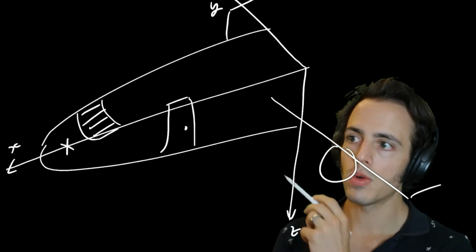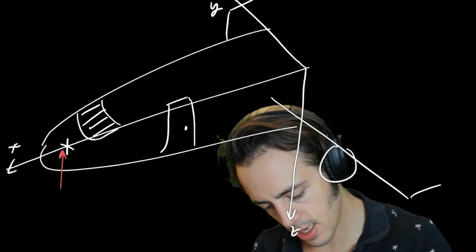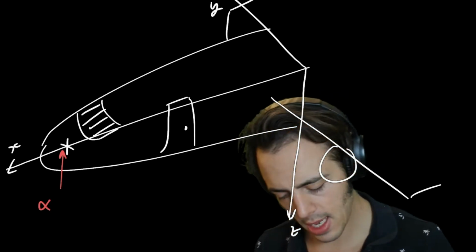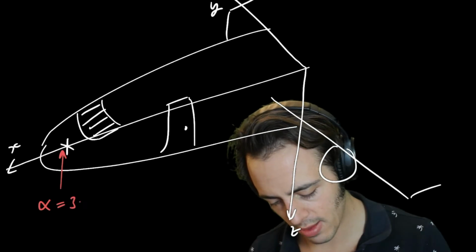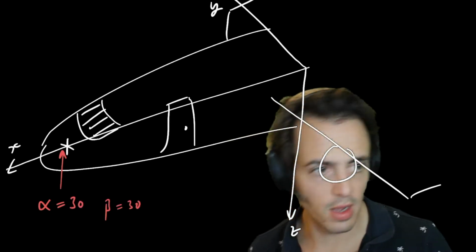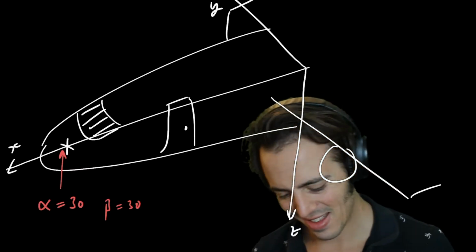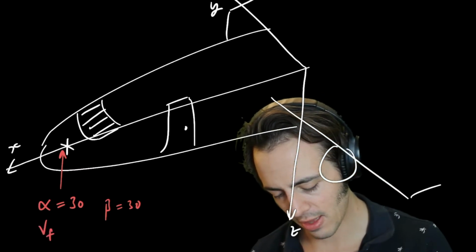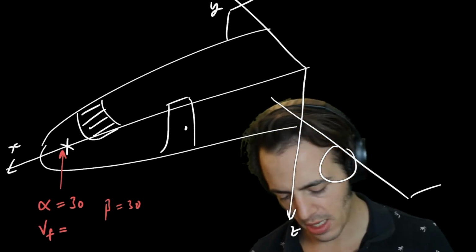Let's say that what this is measuring is it's reporting angle of attack, and let's say the angle of attack is 30 degrees, side slip is 30 degrees, and I'm taking these numbers out of a question here, let's say that the total velocity that it's reporting is 50 meters per second.